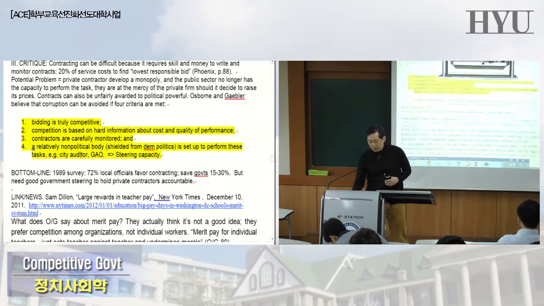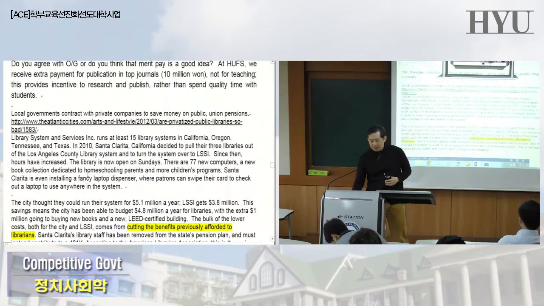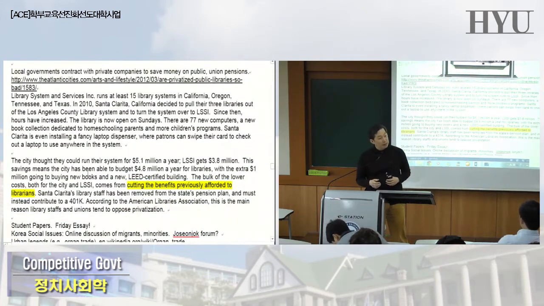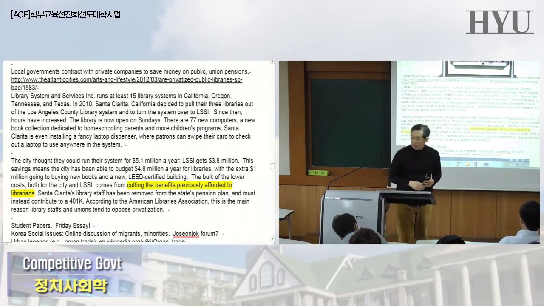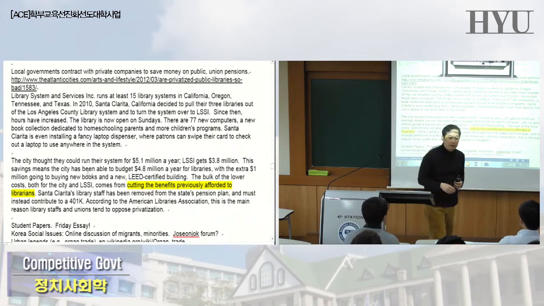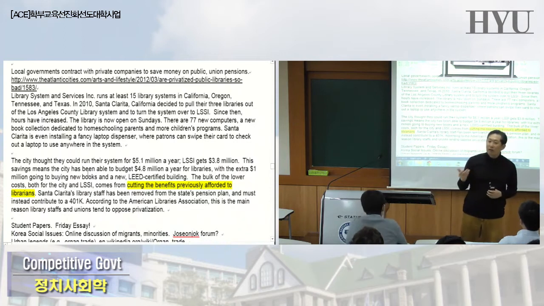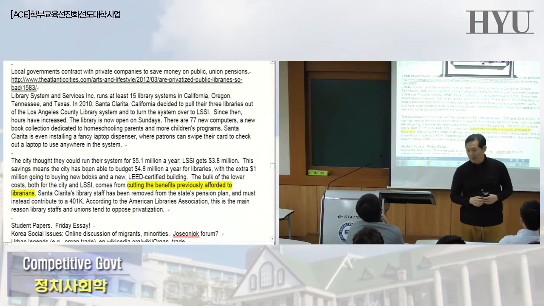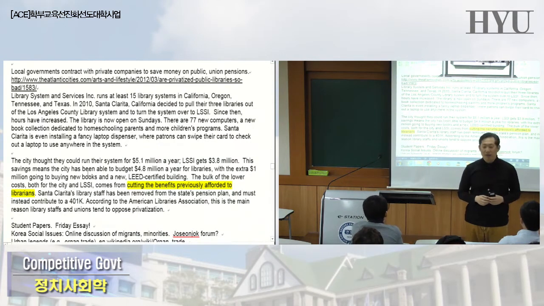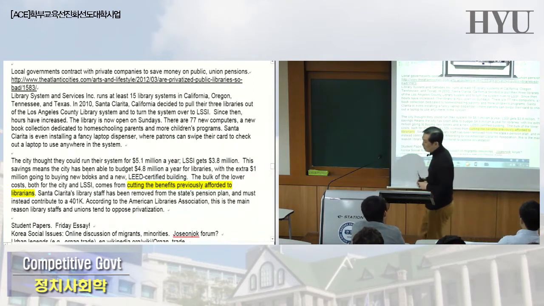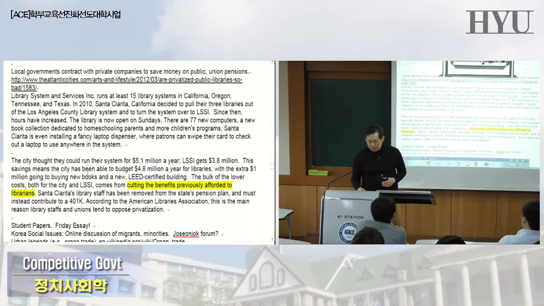There's a couple of good examples from current events news. One example is that these days California, Oregon, Tennessee, Texas, and other states are privatizing public libraries. So instead of having government workers run the libraries, they give it to private companies or nonprofits. And they realize that when they do so, they can save a lot of money.